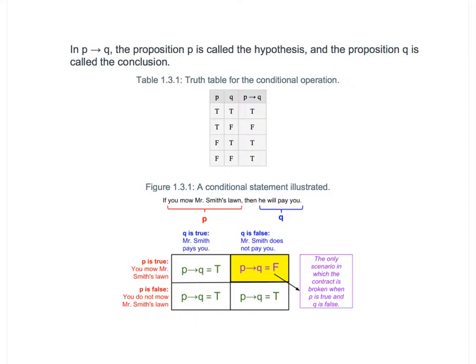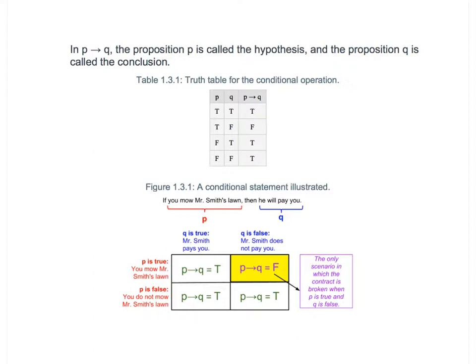Now that we have defined the elements of a conditional statement, let's see what the truth table of the conditional operation looks like. Since we have two variables in a conditional proposition, we need a truth table with four rows. The values of P and Q are true, true in the first row; true, false in the second row; false, true in the third row; and false, false in the last row.